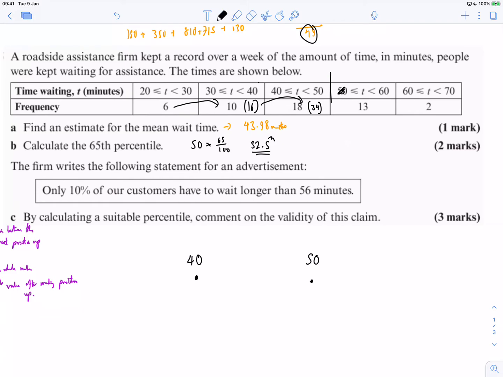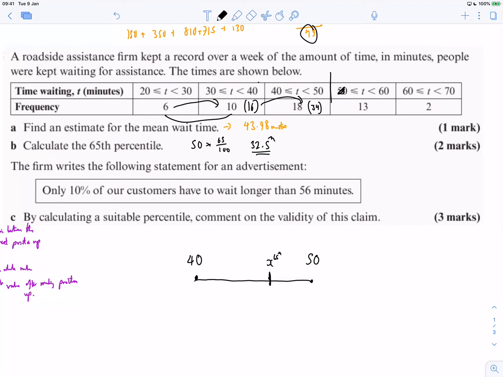And the median, or the 65th percentile, let's call it x 65th, like that, is somewhere here. And now, if I look at the frequency, the first 16 are down here.